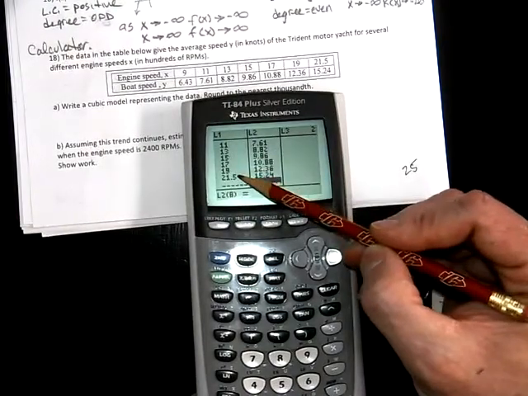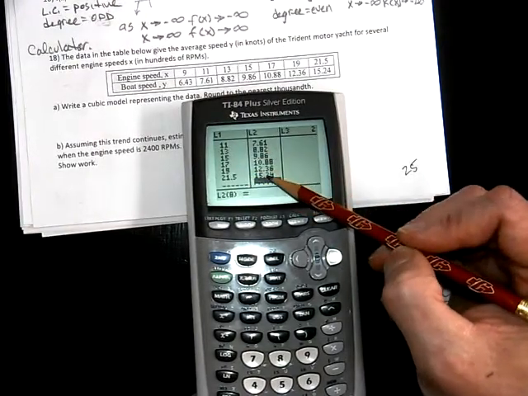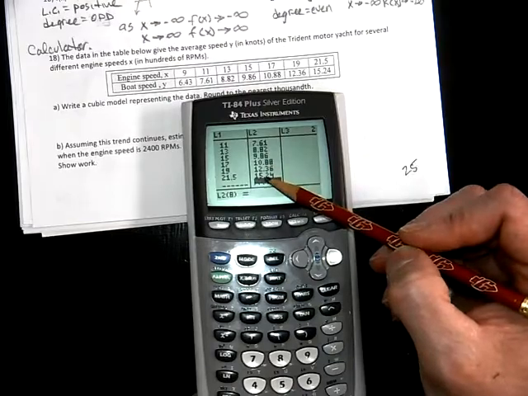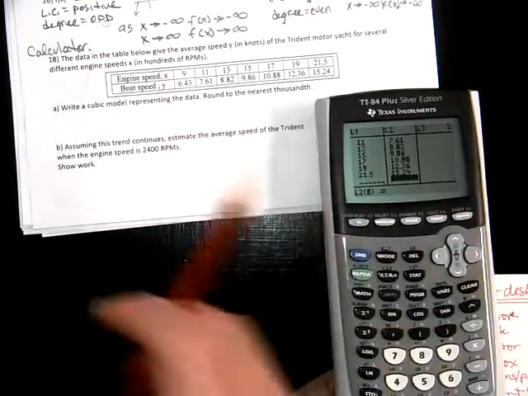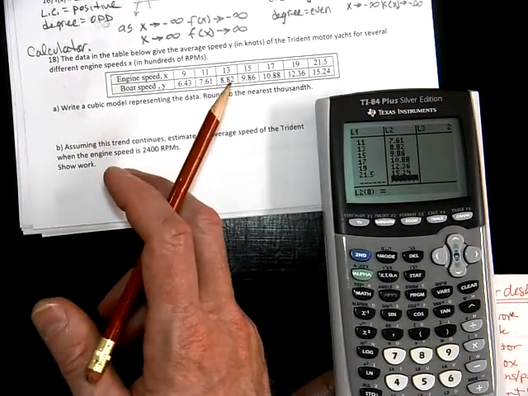Notice that the number of x terms and the number of y terms has to be exactly the same. You'll get an error. We want to take this data, which are just points plotted on a graph.